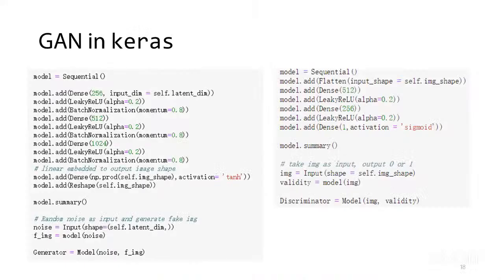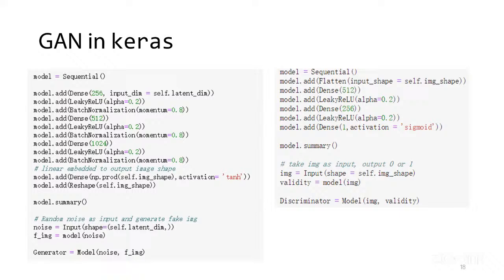And as a matter of fact, this is the implementation of the generator and the discriminator in TensorFlow. So this is not PyTorch, but you should be able to understand the structure of the code. So we have the linear layer, which in TensorFlow is called a dense layer, followed by leaky ReLU.